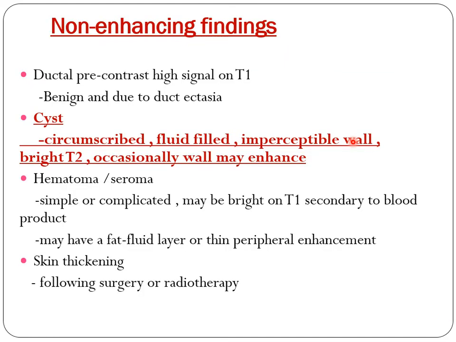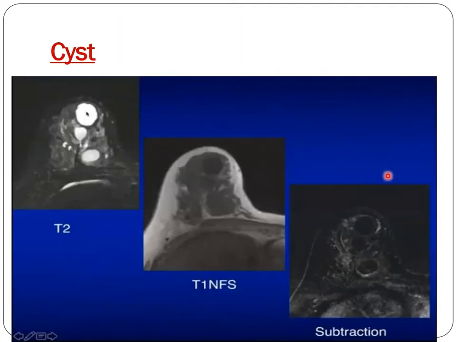About the cyst: well circumscribed, fluid, imperceptible. You will see it in the pre-contrast acquisition. There is a lesion, but post-contrast you can't see enhancement. So this is called a non-enhancing finding, as shown here in this picture, not taking enhancement in the subtraction image.